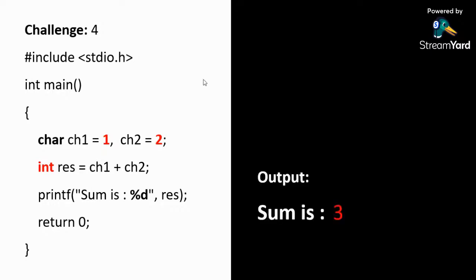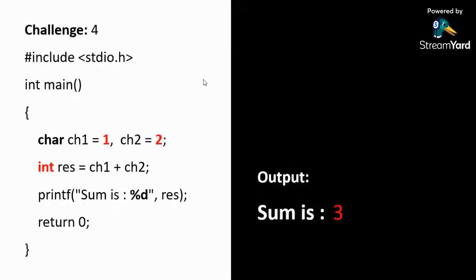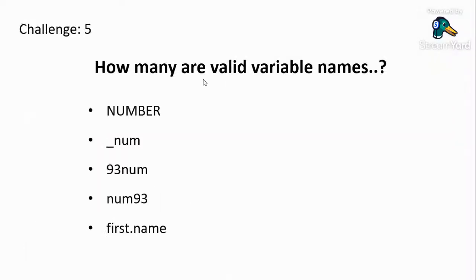Here numbers are being added, not characters. Previously, one and two were in quotes, so they were counted as characters. Here they are basic numbers, so the numbers will be added. One plus two is three, so we get three.